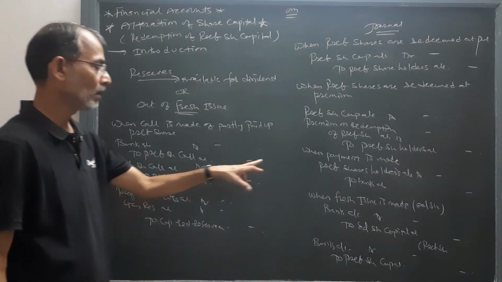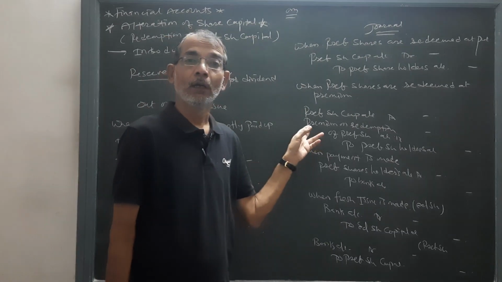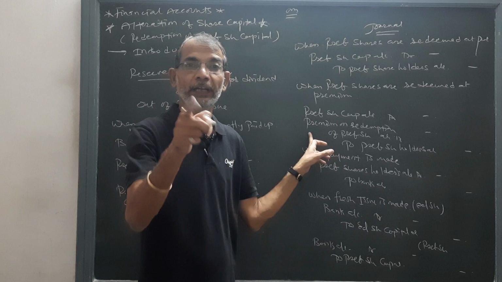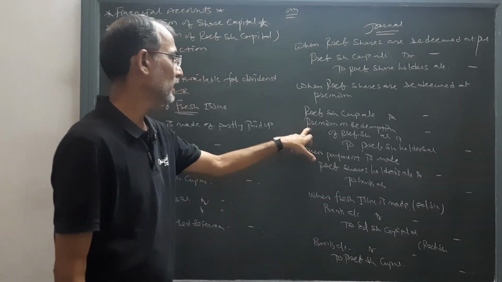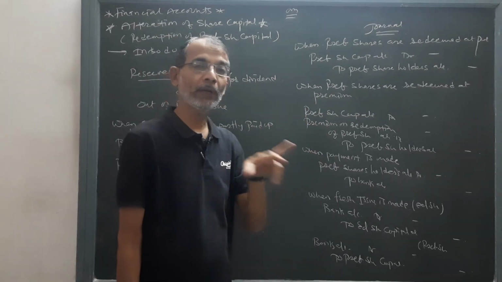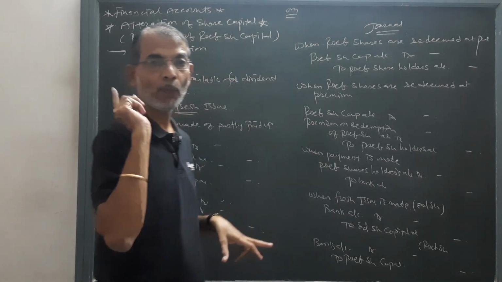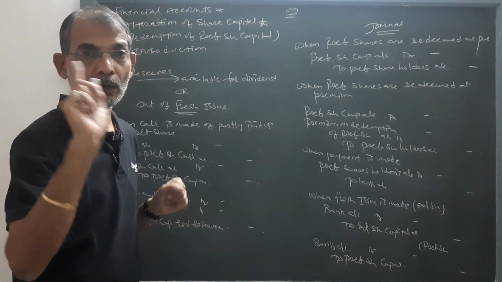Then, if the company is redeeming preference shares at premium, then this premium on redemption of preference share capital account must be written off out of the available securities premium or profit and loss account.